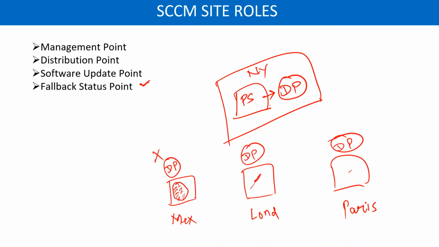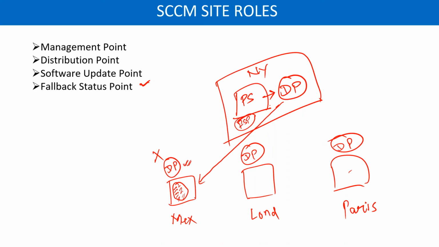If you install the fallback status point on the primary, then the devices will get the content from here, and if the distribution point is down in Mexico, the devices will get the content from there. Clear?